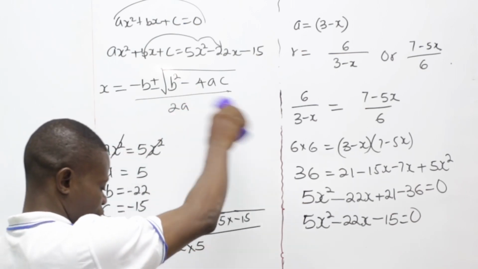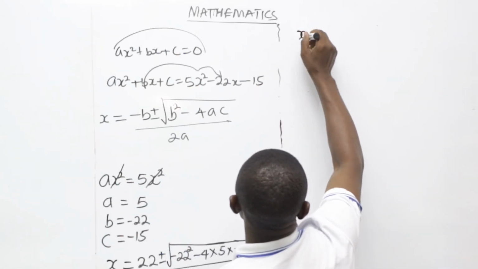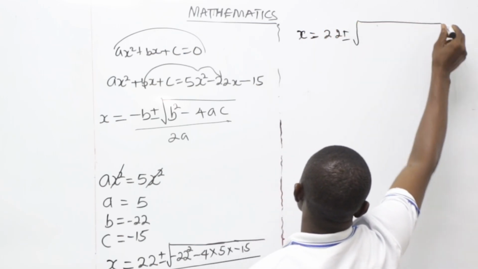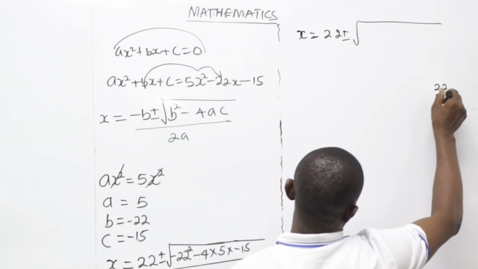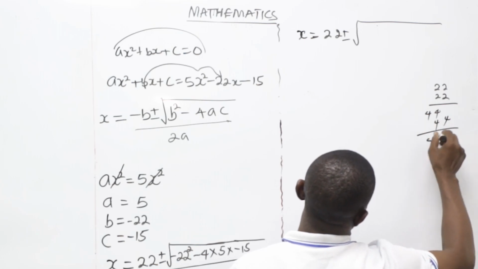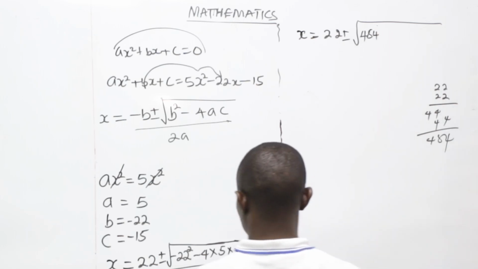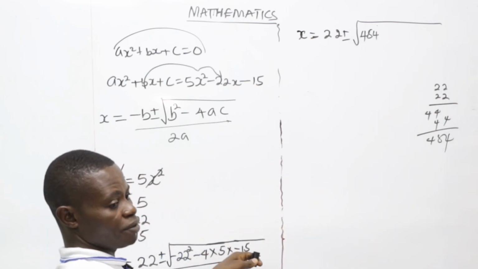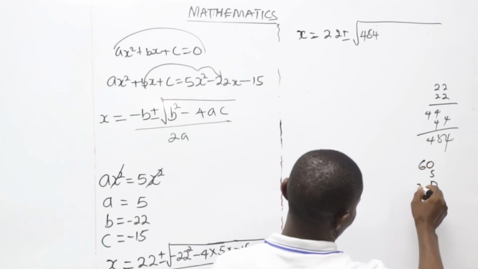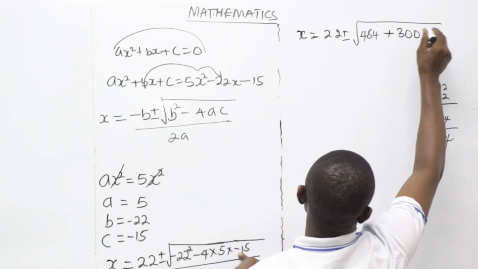Let's continue solving this way. Here we're going to have x equals 22 plus or minus square root of 22 squared, meaning 22 times 22. This is 484. Minus 4 times minus 15 is plus 60. 60 times 5 is 300, plus 300.